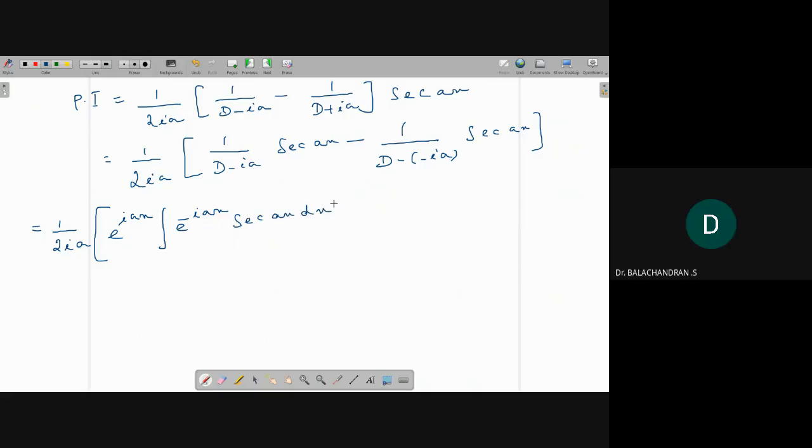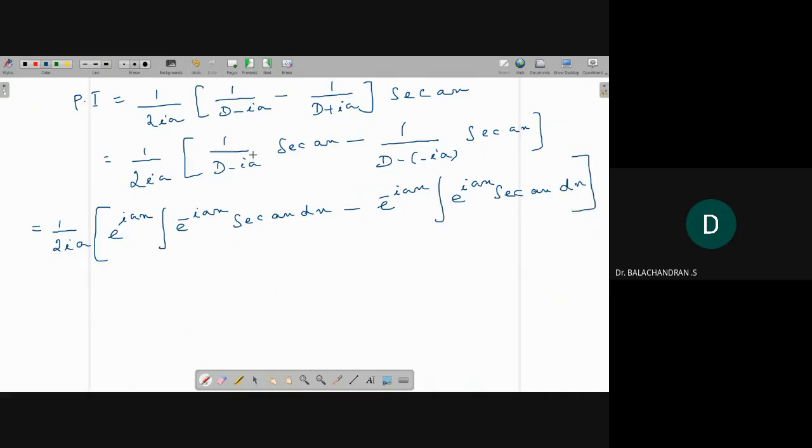Good. Next, minus e to the power minus iax integral of e to the power iax into secant ax dx. Correct, Dikshita. Thank you.